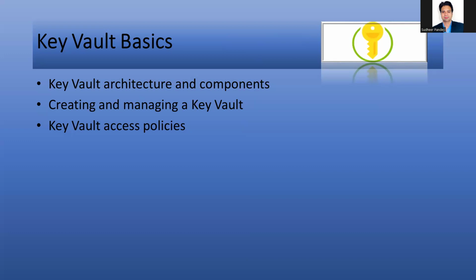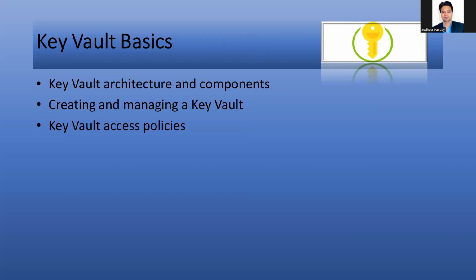When we say keys, I mean cryptographic keys used for encryption and decryption. Now, when we say vaults, what is a vault? A vault is something like a container for very sensitive or very valuable information, for storing your secrets, keys, and certificates.